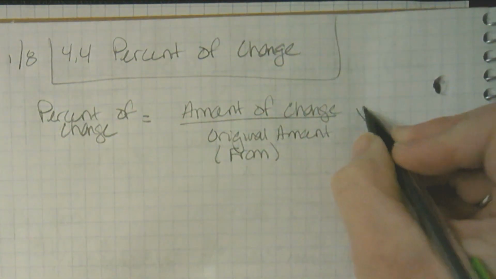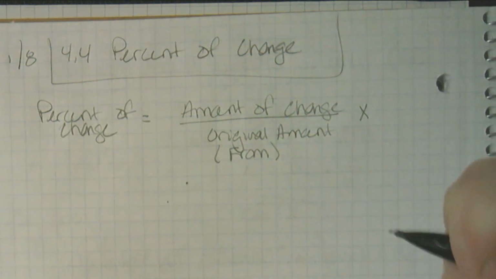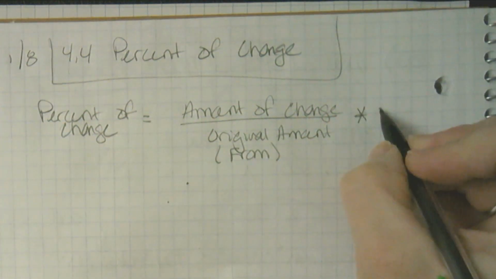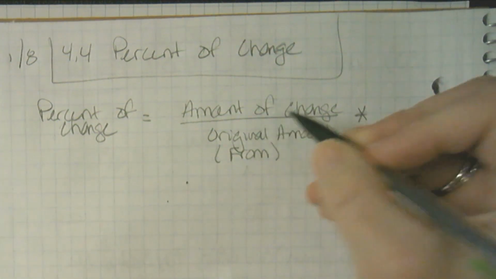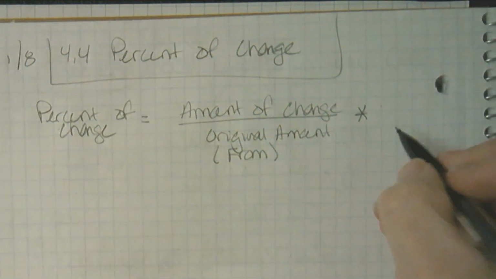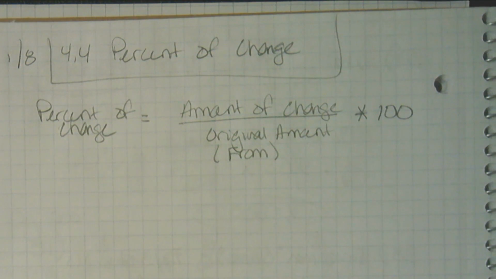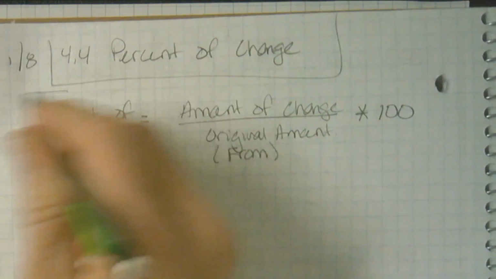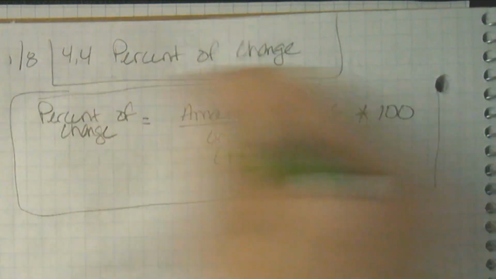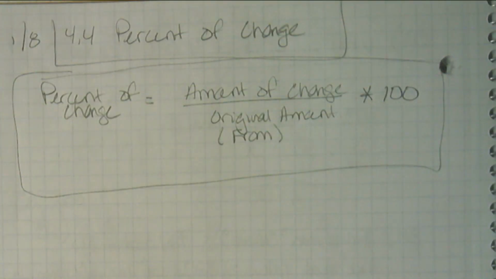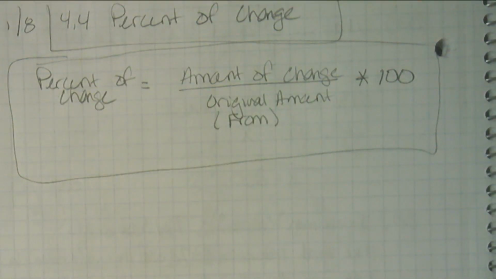And since we want this as a percentage, once we write that fraction and find the decimal value of it, we need to multiply by 100 to turn it into a percentage. So, percent of change is the amount of change divided by the original amount times 100. And that multiplying by 100 turns our decimal into a percentage.